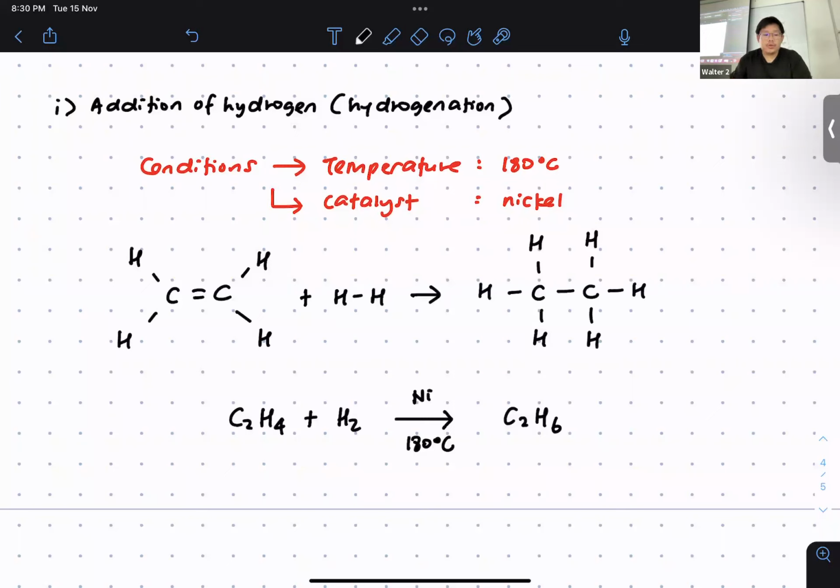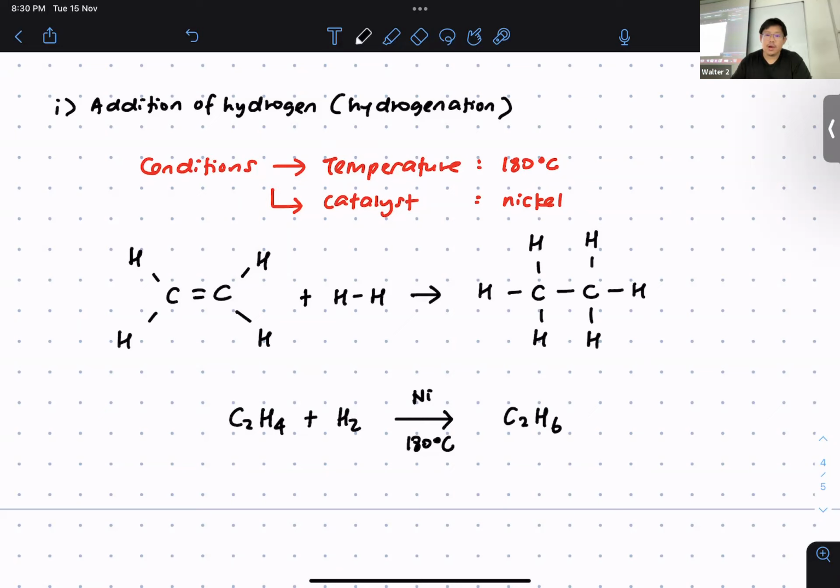Is it related to the Ostwald process? The Ostwald process is for the manufacturing of nitric acid, but it is not relevant actually. In the Ostwald process, you convert ammonia to nitrogen monoxide, then it goes through a series of oxidation processes, and then you dissolve it in water and get your nitric acid.